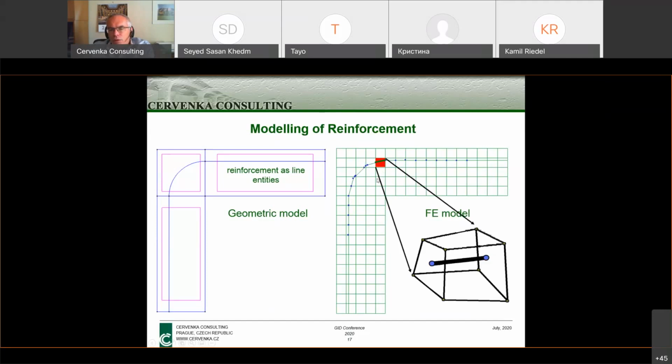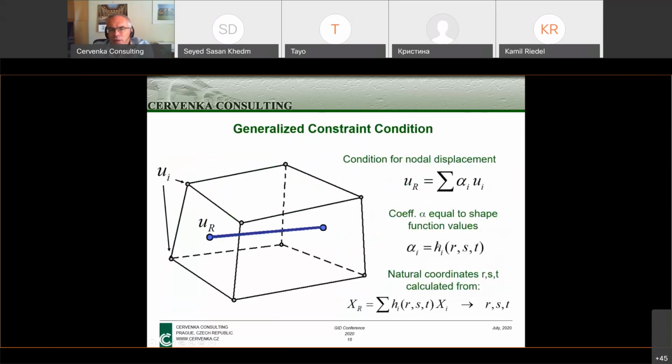This is sometimes called embedded reinforcement. But in ATENA, the reinforcement element is not embedded inside the 3D element, 2D element, but it is done by a displacement constraint. So we constrain the displacement of this reinforcement node. These displacements are indicated by UR.